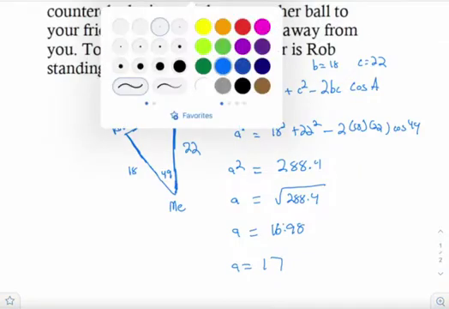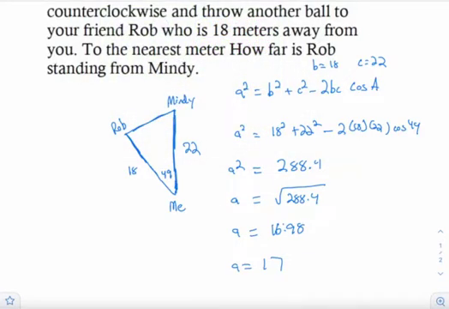So the distance from Rob to Mindy is going to be 17 meters. Okay, so let's make sure we put in the units, 17 meters. And that's how we're going to work that question.